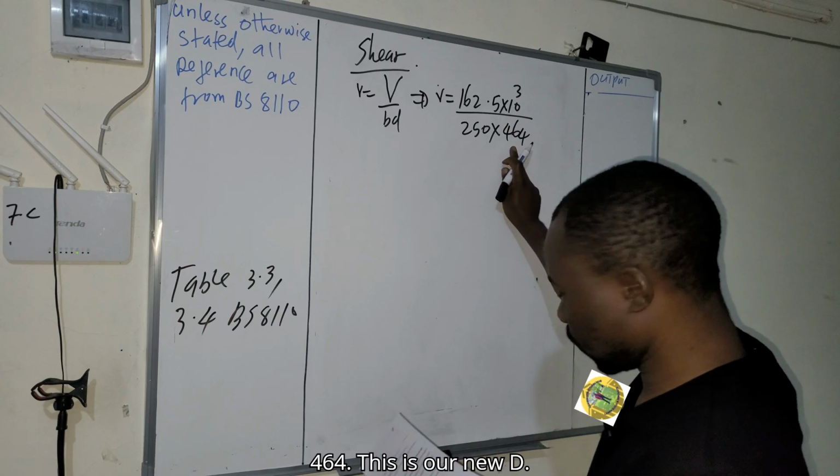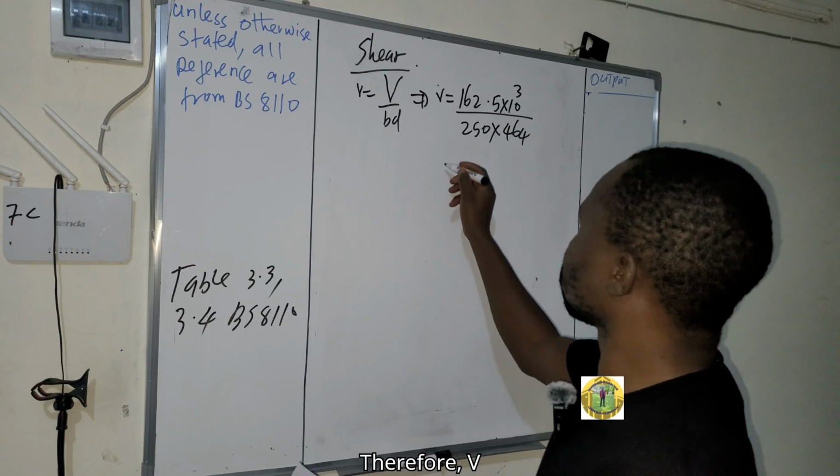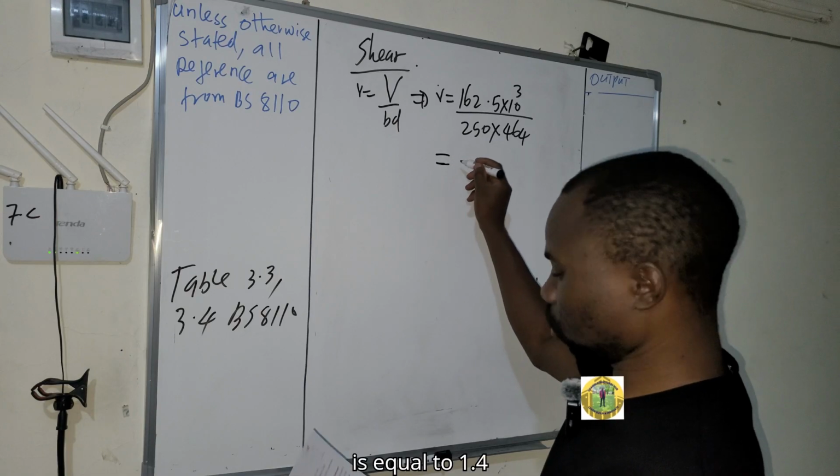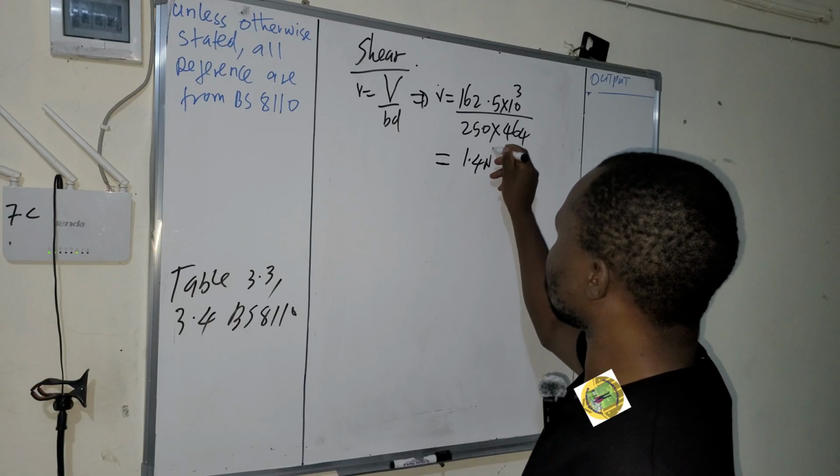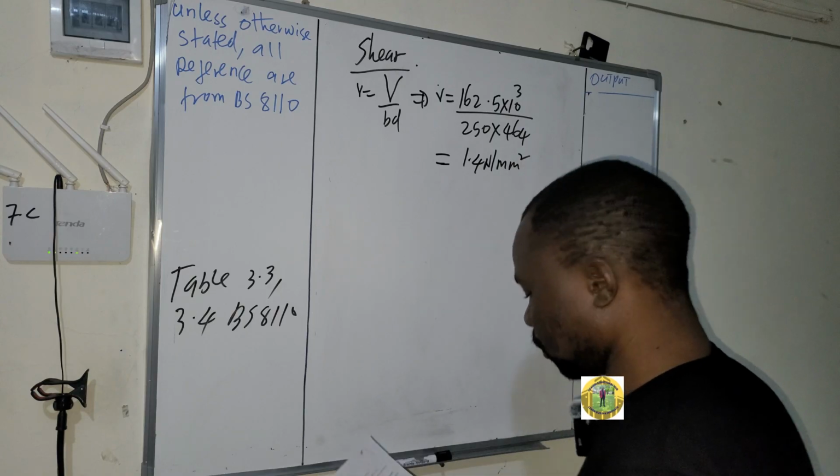This is our new D. Therefore, v is equal to 1.4 Newton per millimeter square.